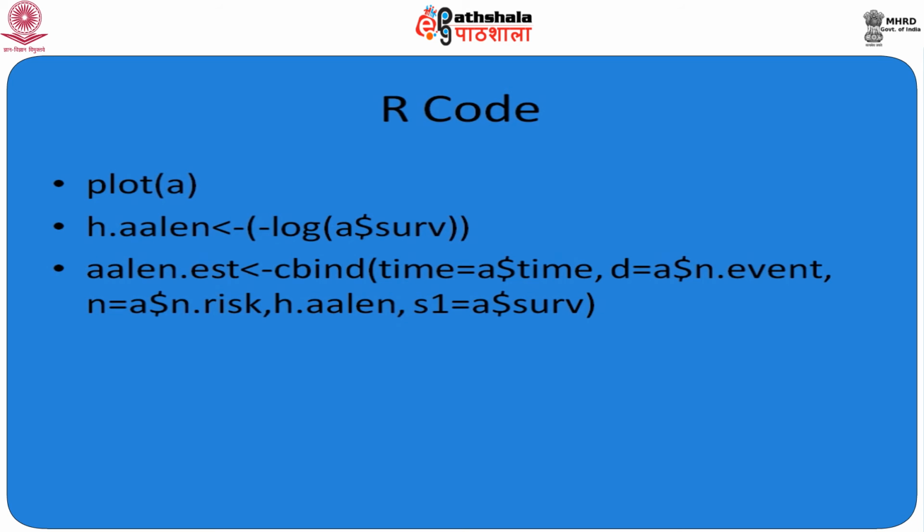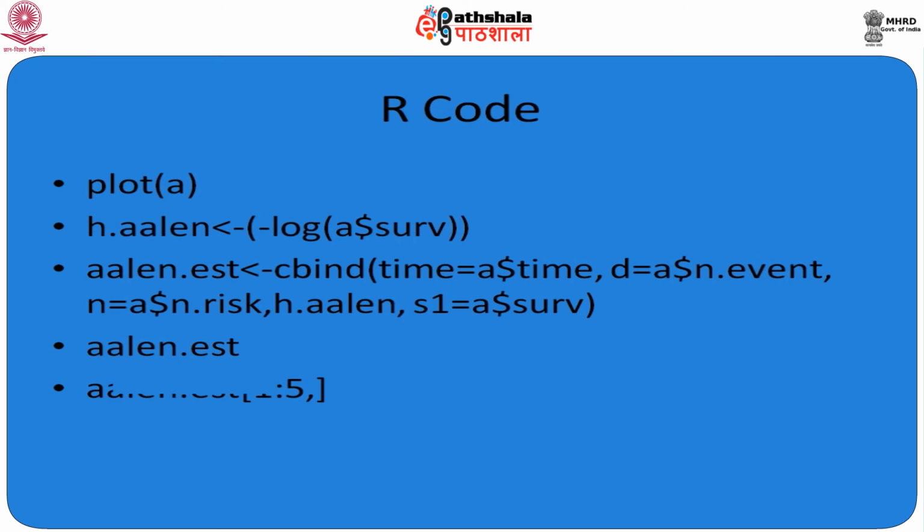Again here we are assigning Aalen.est as cbind of time, that is the value given at A of time, d equals the deaths or number of events observed in A, and number at risk, that is n equals n.risk, and h.aalen, which we already assigned as minus log of A of surv, and S1 given as surv of these functions.